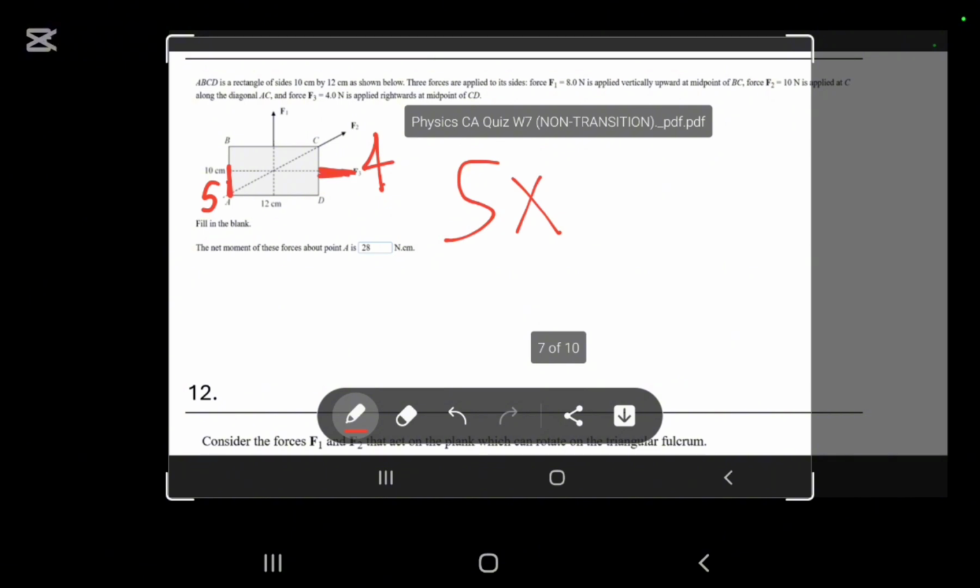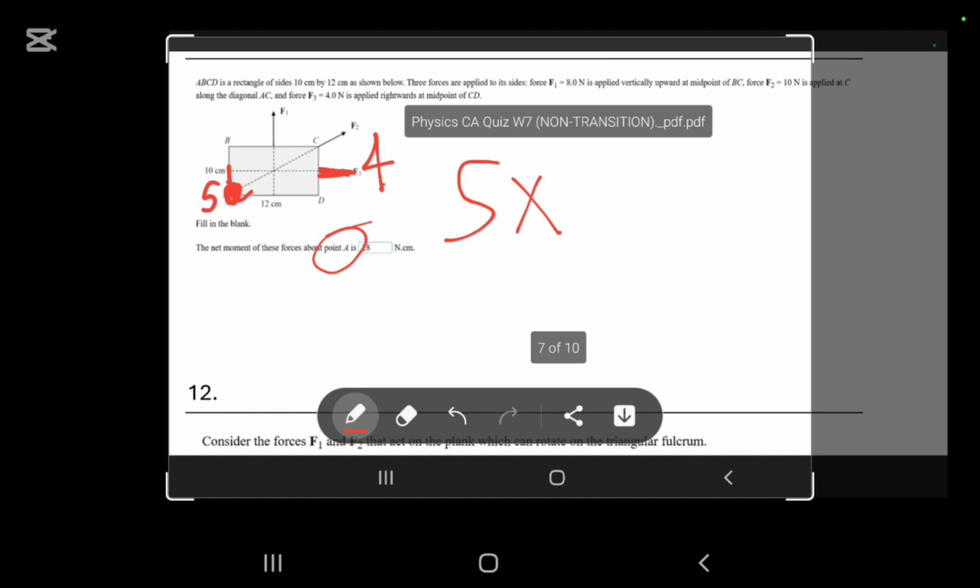To find out if it's 4 or negative 4, just take your phone or tablet or whatever and take A as the vertex, because they want it here, and act as if you're pushing a force on that part of the rectangle.